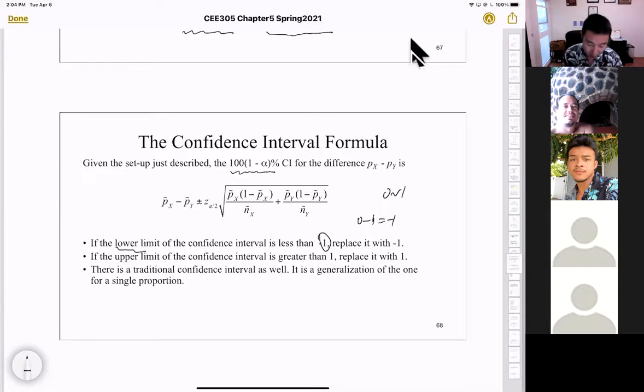And the upper limit cannot be larger than 1, because 1 minus 0 is the extreme case. If it turns out to be larger than 1, it's not correct, so replace it with 1.